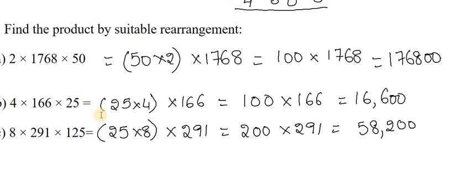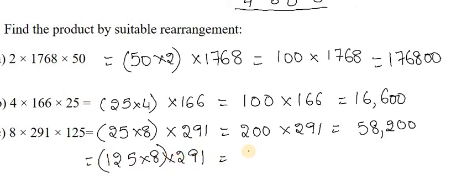Oh sorry, this is 125. I just wrote 25. Okay, we'll go to this one more question. 125 multiplied by 8 into 291. 125 8s are 1000 multiplied by 291, nothing but 2,91,000.